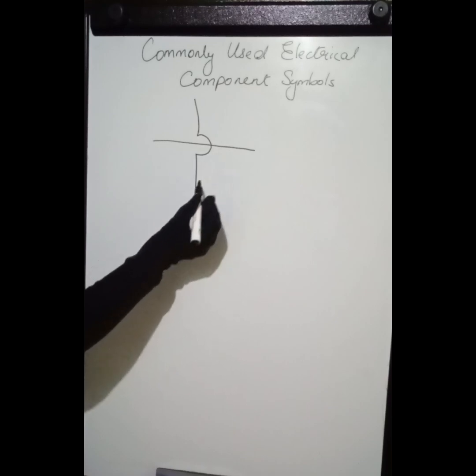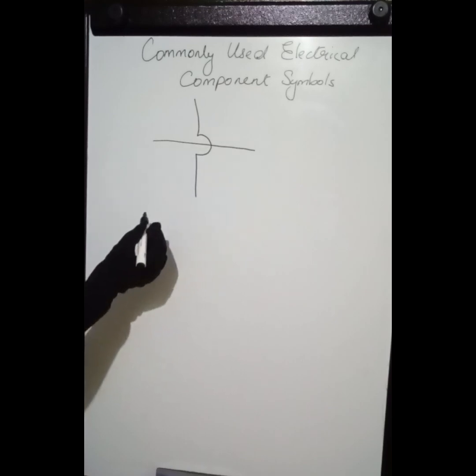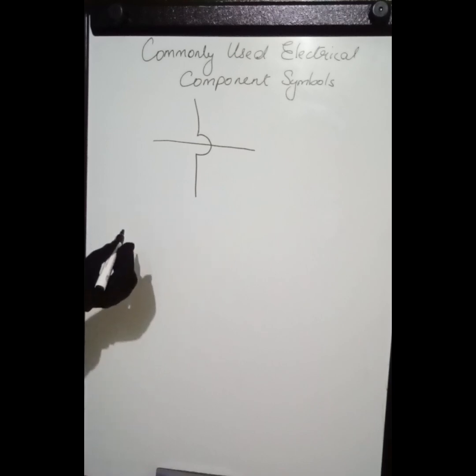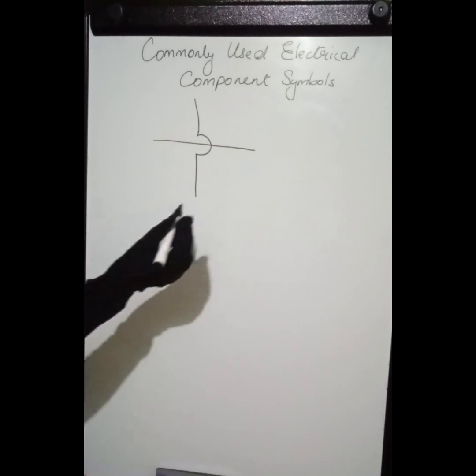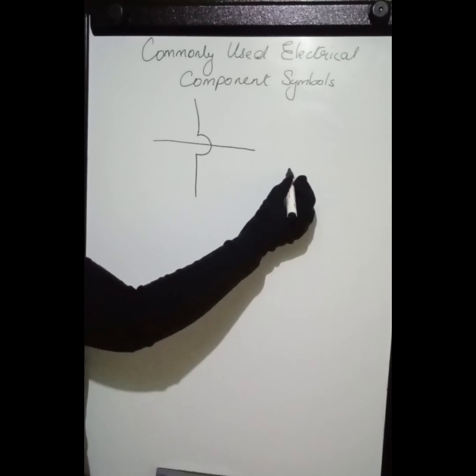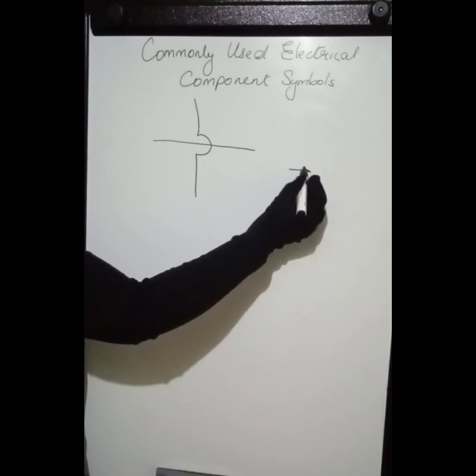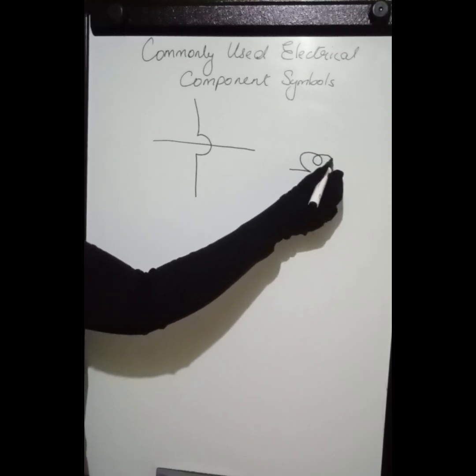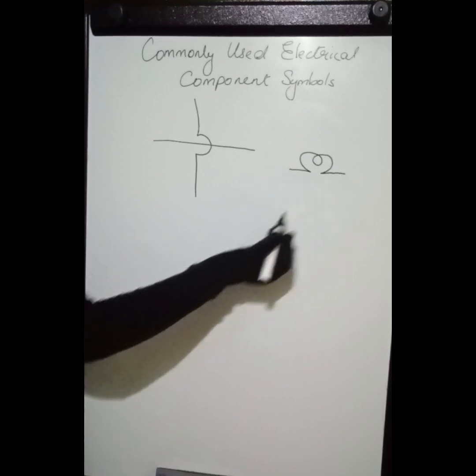Now, how do you represent an electrical bulb in your circuit diagram? An electrical bulb in your circuit diagram will look like this. You draw a sleeping line, then you draw like this and like this.